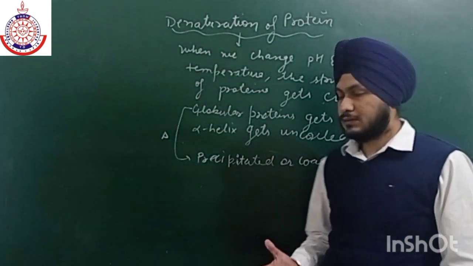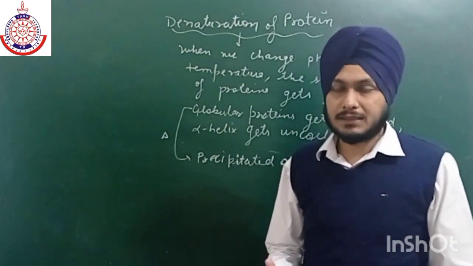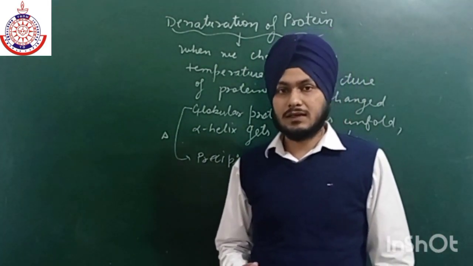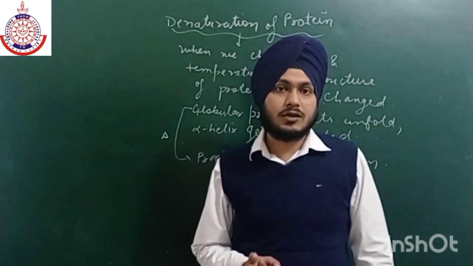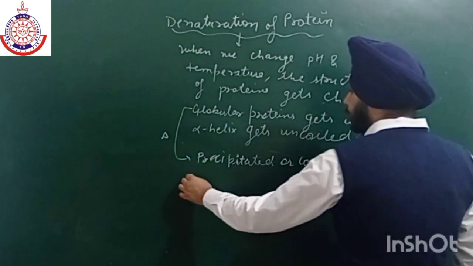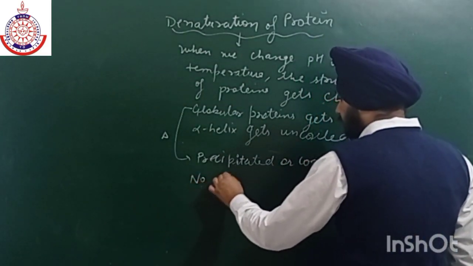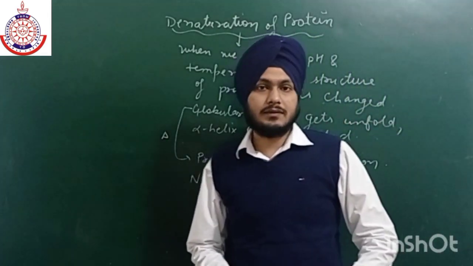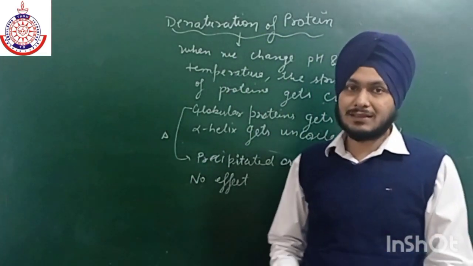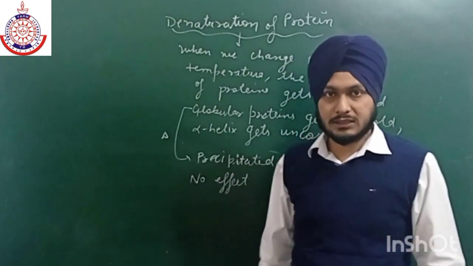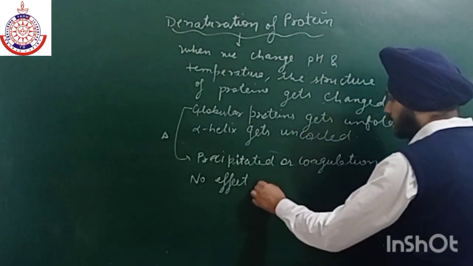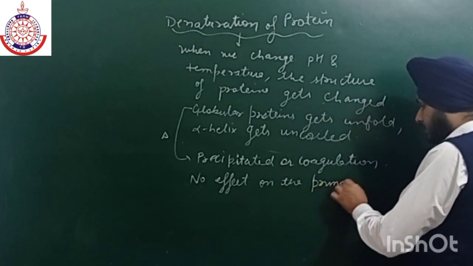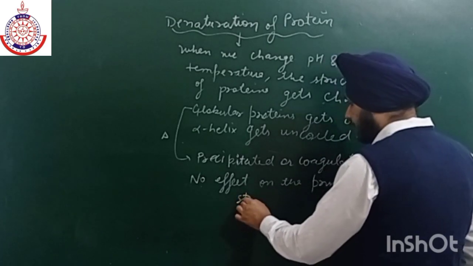So on changing the temperature and pH, the secondary and tertiary structure will get changed. There is no effect on the primary structure. As I have already told you, biological activity depends on the primary structure. So if the primary structure remains the same, then its biological activity will not change. The primary structure remains intact.